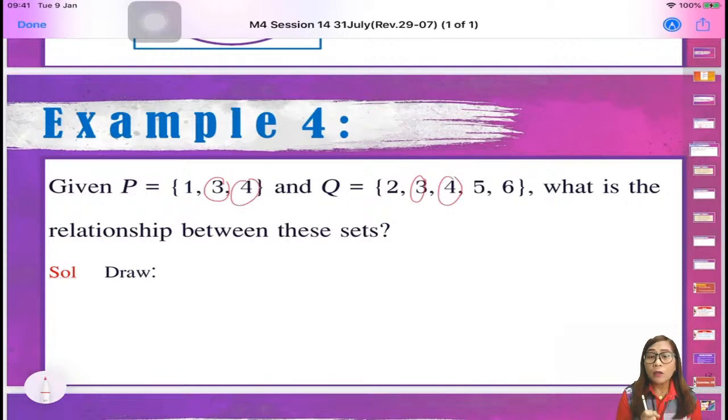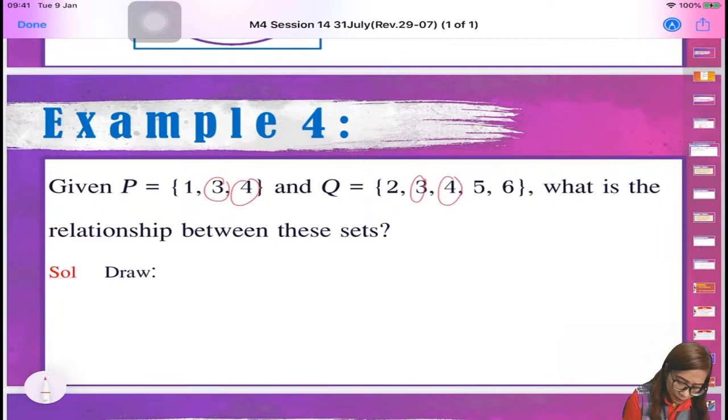And not all elements of P are in Q. So this one is different from examples 1, 2, and 3. So let's see what it looks like. Since we have two common elements, meaning the two sets must intersect with each other.